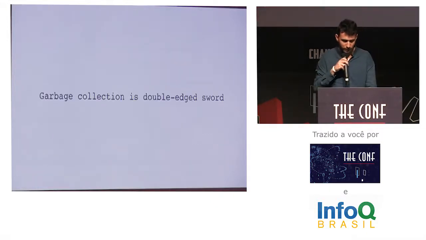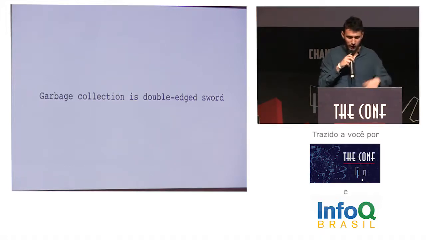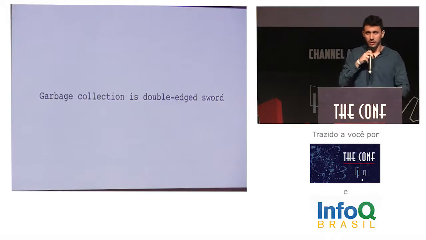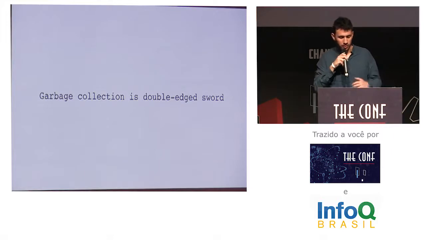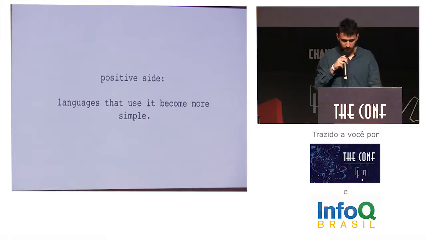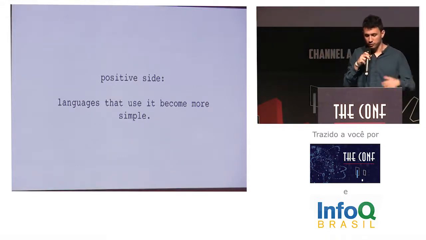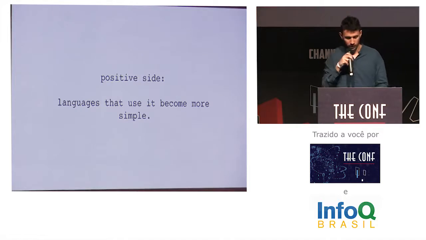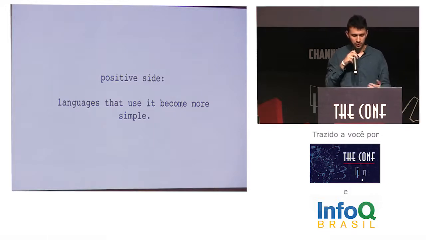It's very common in our lives as programmers. Garbage collector is a double-edged sword. Why is it really a double-edged sword? Because we have the positive side. Languages that use it become simpler, because it allows a massive simplification in languages.